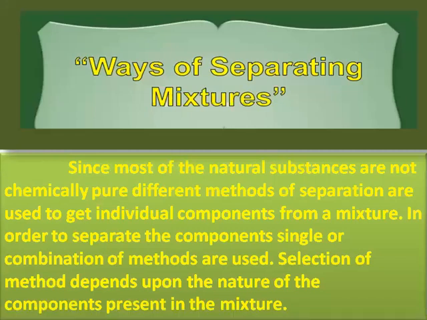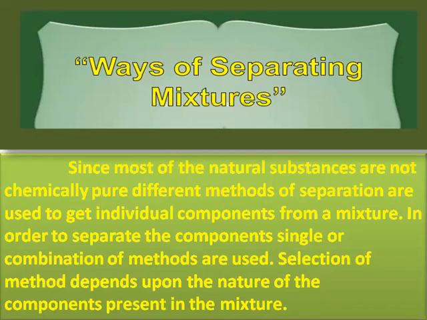Since most of the natural substances are not chemically pure, different methods of separation are used to get individual components from a mixture. In order to separate the components, a single method or a combination of methods is used. Selection of method depends upon the nature of the components present in the mixture.